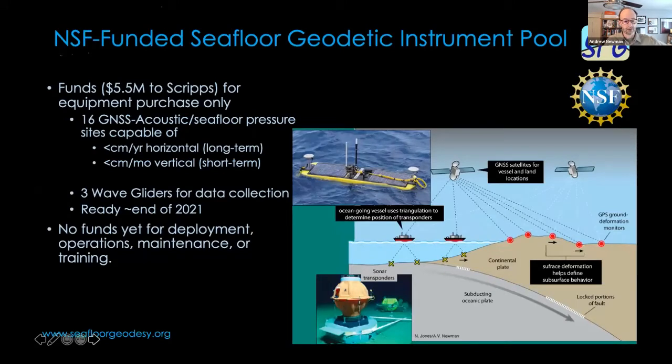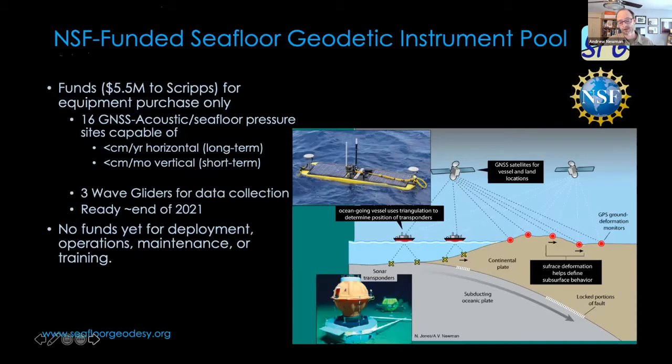I, with a group of others, were able to put in a proposal. This is born out of what was originally towards the mid-scale research infrastructure program within NSF. We were able to get funds, about $5.5 million, for the procurement and testing of a small pool of seafloor geodetic tools. These tools include enough for 16 complete sites that include both GNSS acoustic as well as seafloor pressure.